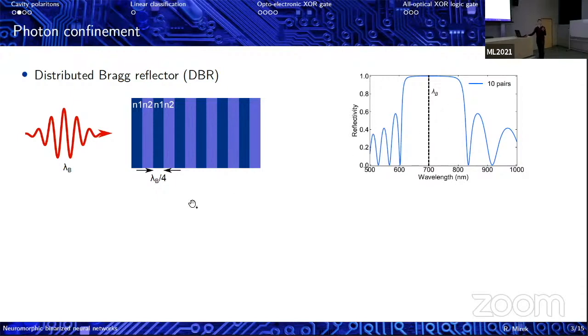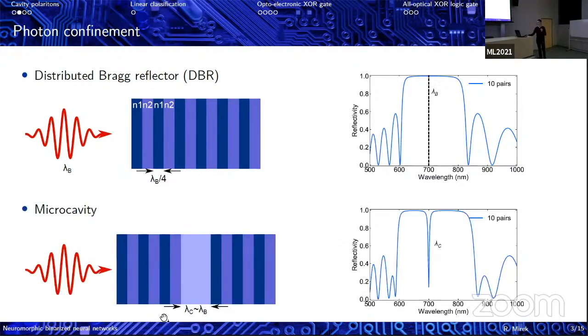If we put a defect in such a structure, in the form of a different layer with a different but very special thickness, very close to lambda, then we can form a mode in such a relation. So we have a very specific wavelength for which the photon will go into this sample. This is the way we can confine photons in a structure.